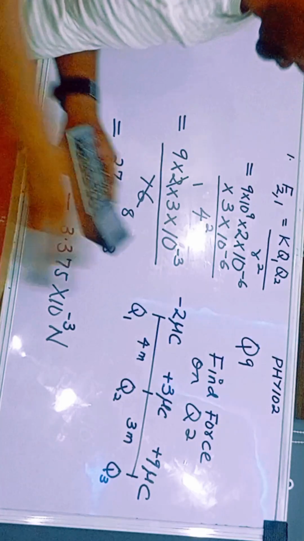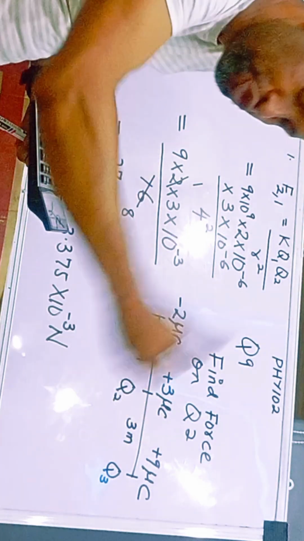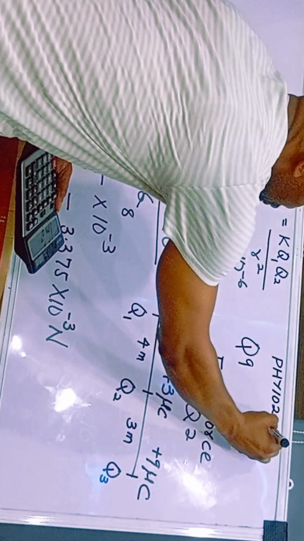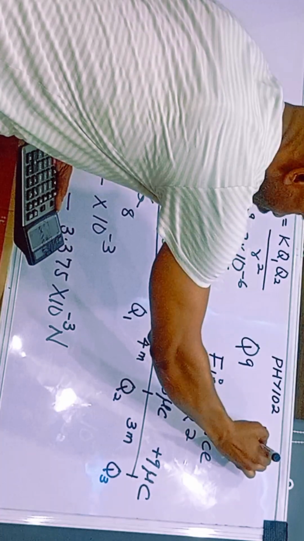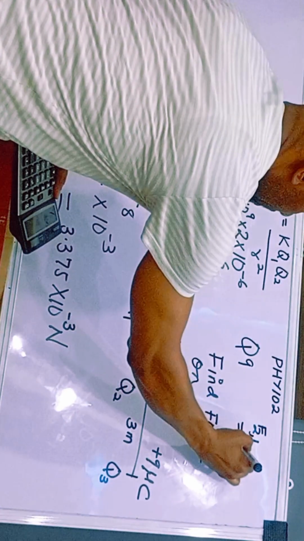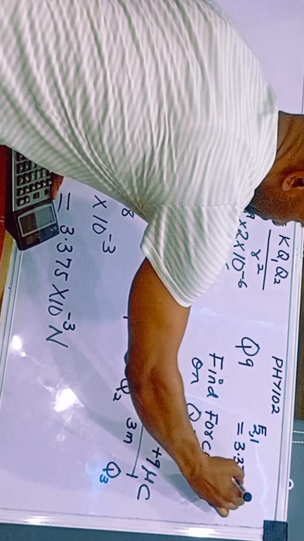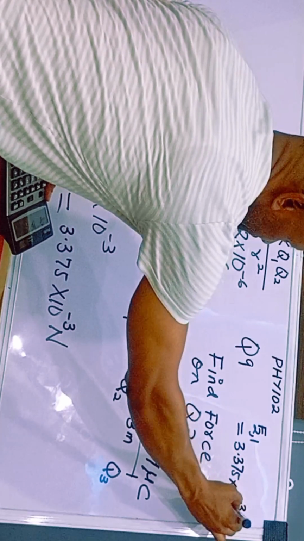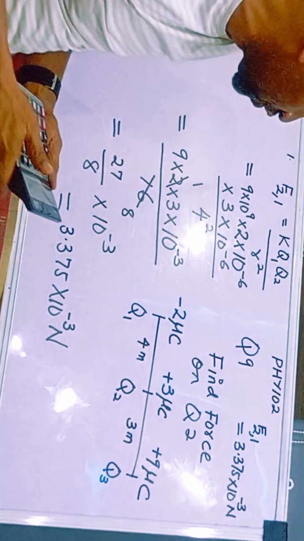I have gotten the force that will be exerted on 2 due to 1. So let me write that out somewhere. The first one, I'm going to call that force on 2 due to 1. Our result is 3.375 times 10 raised to the power of minus 3 Newton.